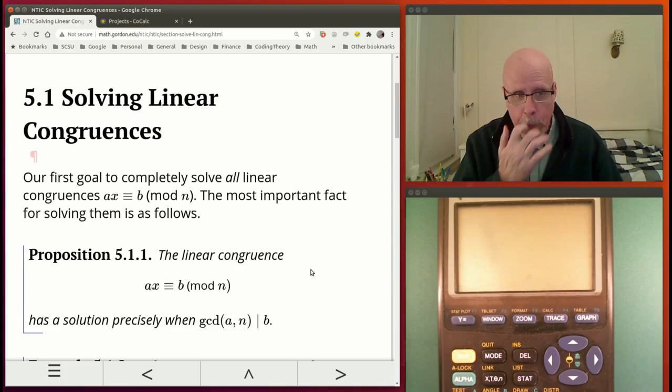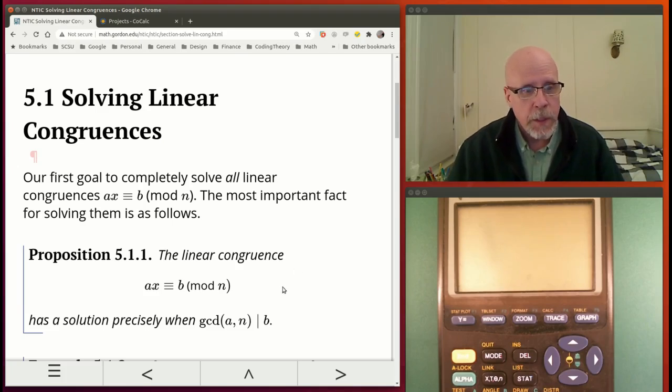There's a proposition here which says that the congruence ax congruent to b mod n has a solution precisely when the GCD of a and n is a divisor of b. So you look at the multiplier on x and the modulus n, find their GCD, and if that divides into b, you'll have a solution.